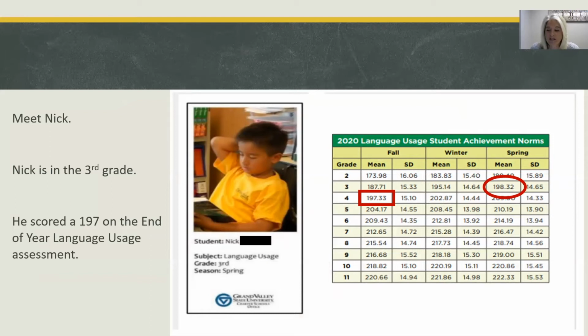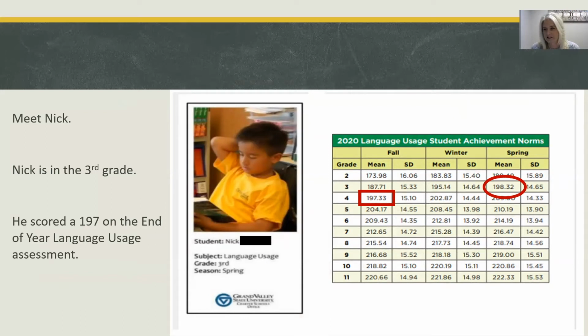Remember that normed data is just what the students did. So they just take how they performed and they find the average. So this actually represents what students did on the assessments, which tells us that there really is a little bit of a summer slide. We know that.